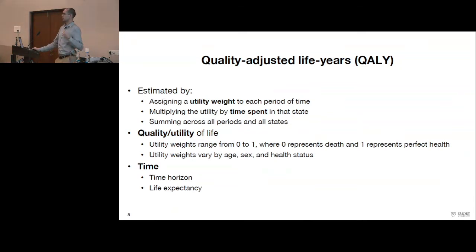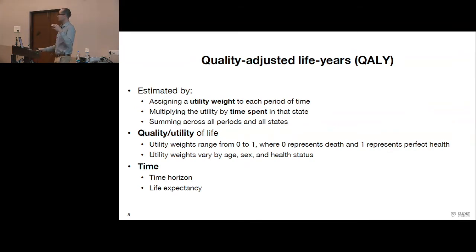So to calculate the QALY, we need measures of the two dimensions, right? We need the dimension of time, which is either the time horizon of your study or life expectancy if you have a lifelong type of analysis. But also you need the quality piece.